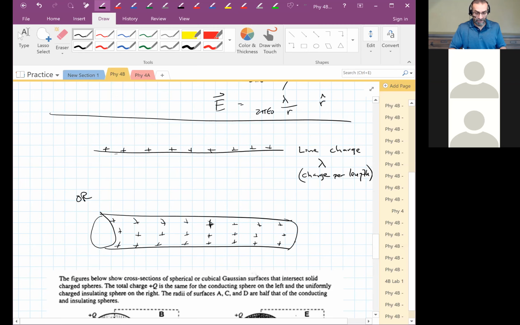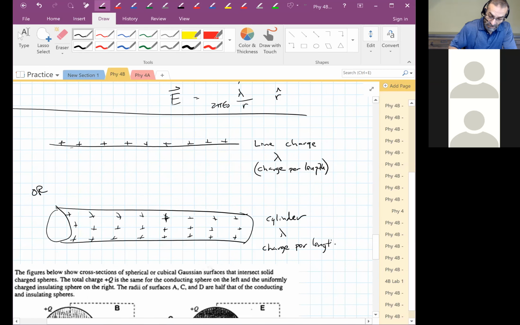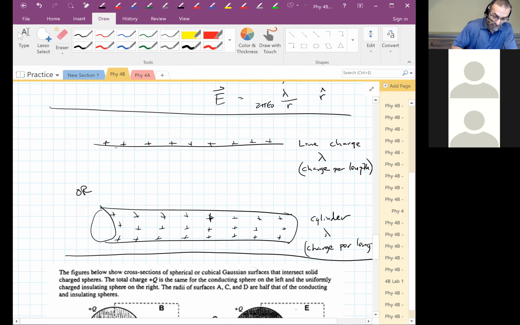I've kind of drawn it over the volume surface, and we would still use lambda, charge per length, even though the charge is actually spread out over the surface area of that cylinder, or even if it was spread through the volume of the cylinder, we don't care because it's a long, thin thing.